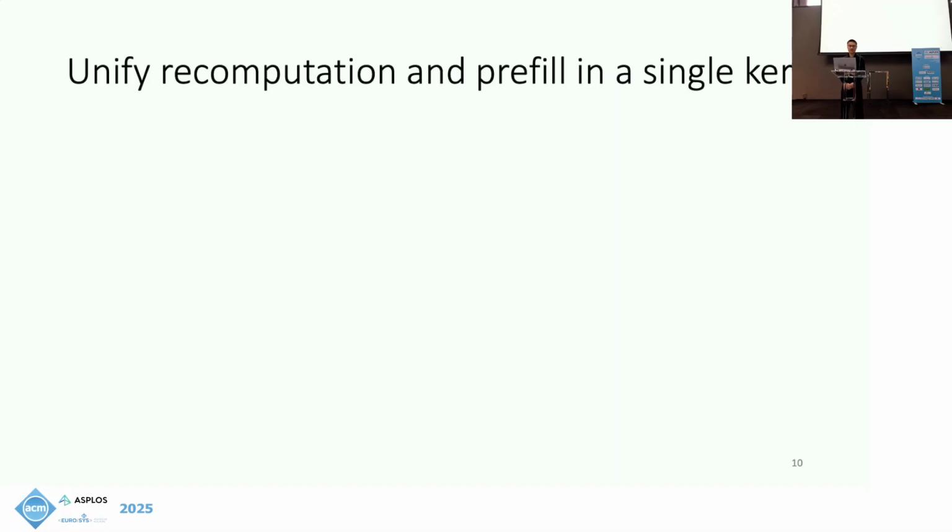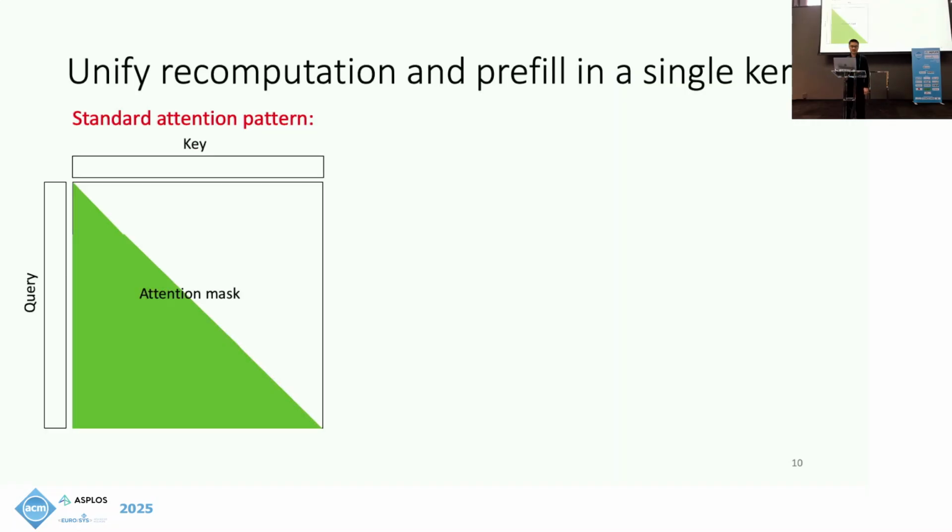So how do we design this multi-token attention kernel? Let's revisit the standard attention computation pattern first. This attention essentially is computing a matrix multiplication between the query and key matrices. After that, you apply an attention mask, which is a 0-1 valued mask on the computed result.